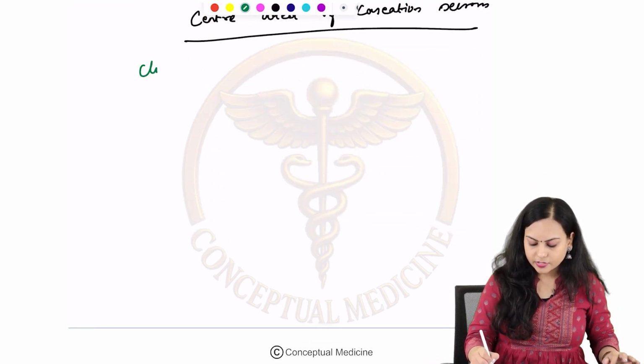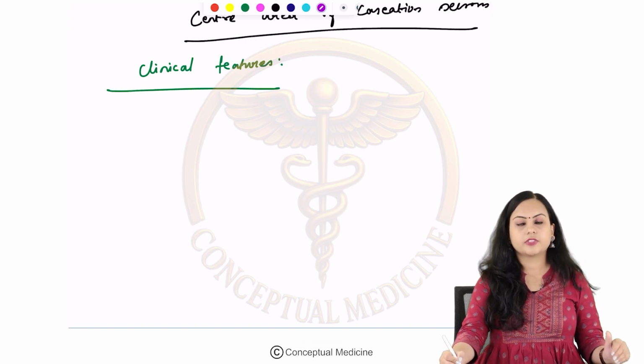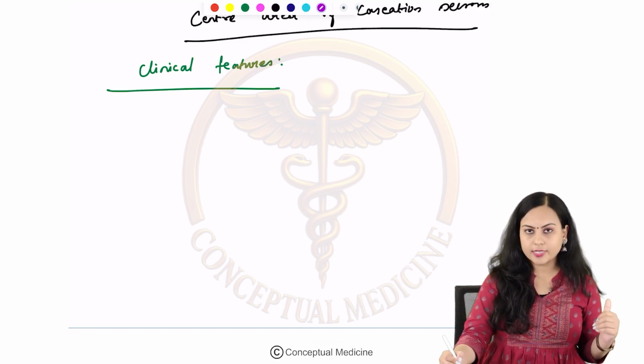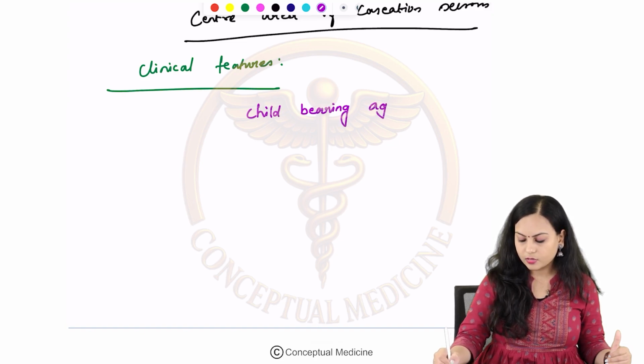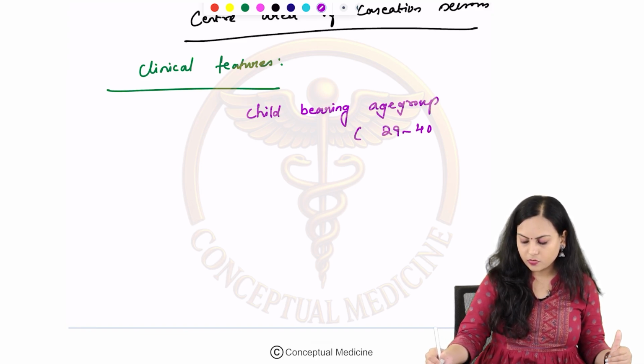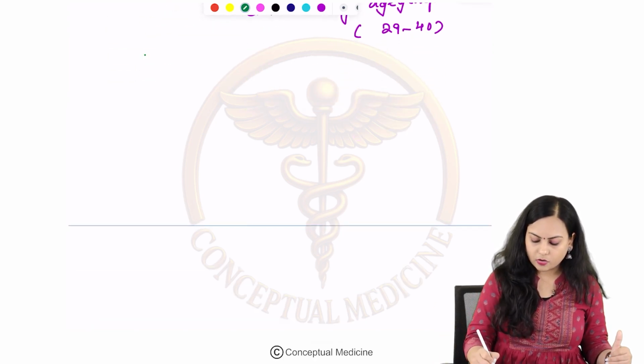So, clinical features of genital tuberculosis. Remember, genital tuberculosis is most commonly seen in the women of child-bearing age group, that is between 29 to 40. And most of these women are asymptomatic.